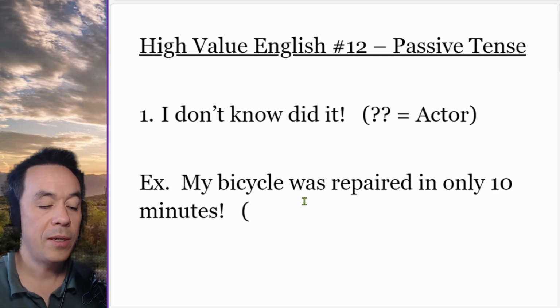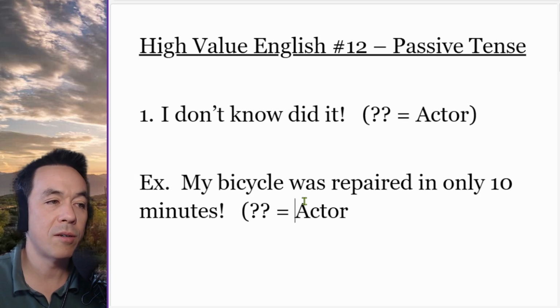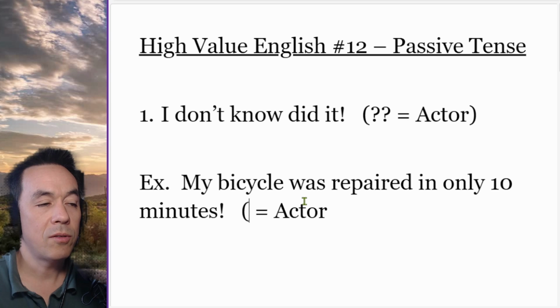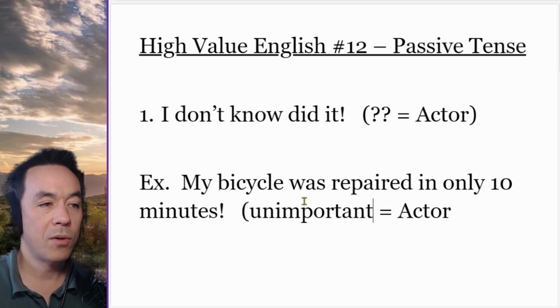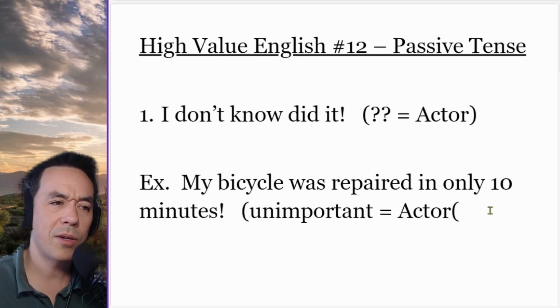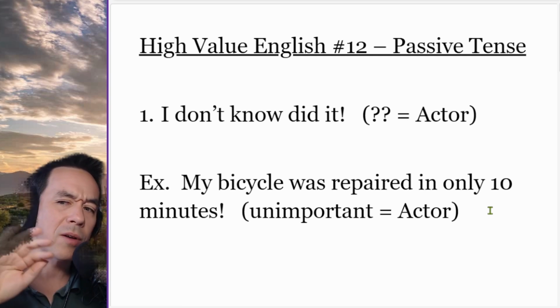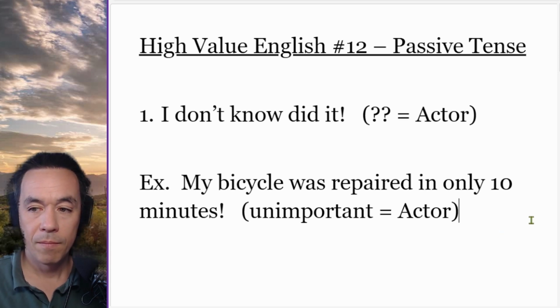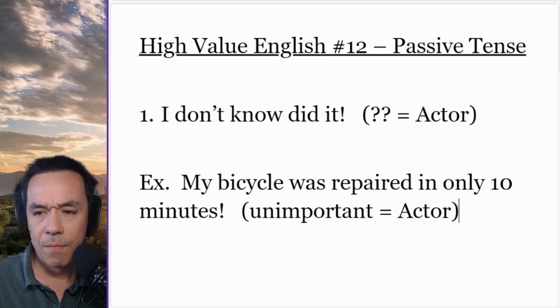Okay, so maybe the actor is who? Well, I think I do know. I went to the store, I went to the shop. The actor is maybe unimportant. So I'm communicating, don't worry about it, don't ask about that. The bicycle is the main focus.